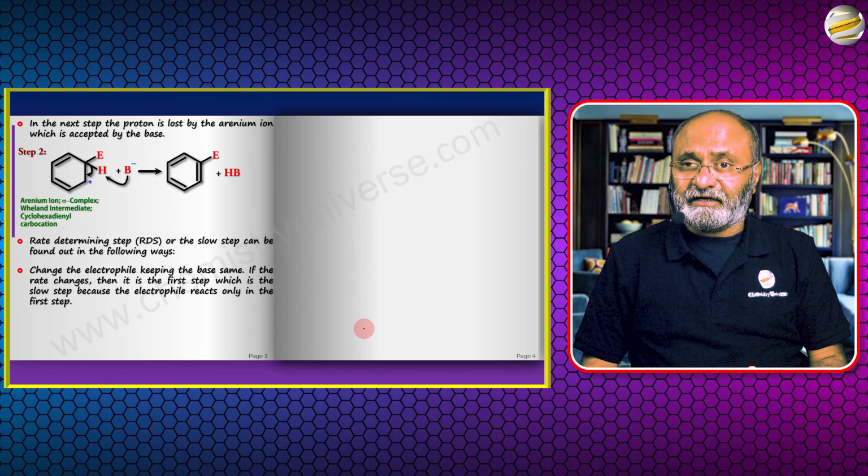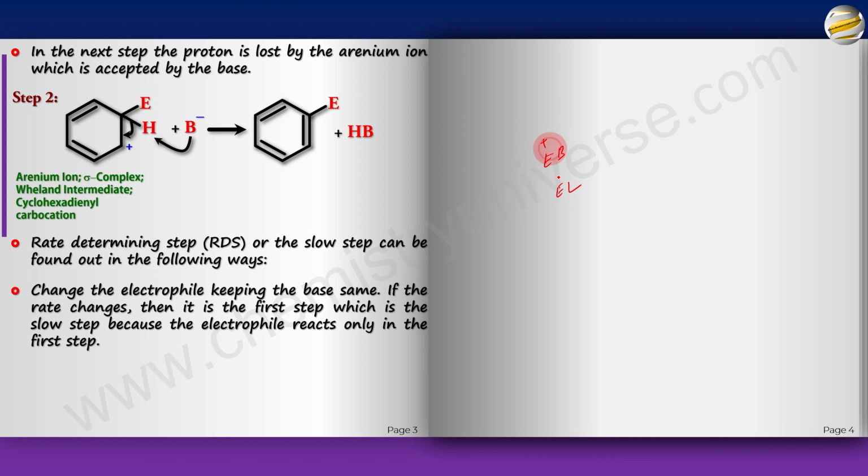All right. The second is how about changing the base? Suppose I have EB and I have EL perhaps. So the electrophile is the same, but the base is different. Now, in which step does the base actually participate? Second step.